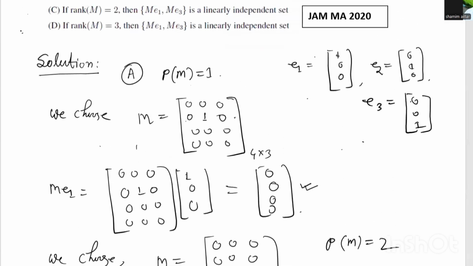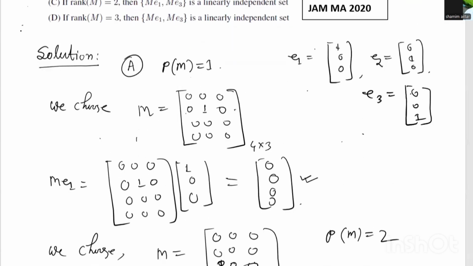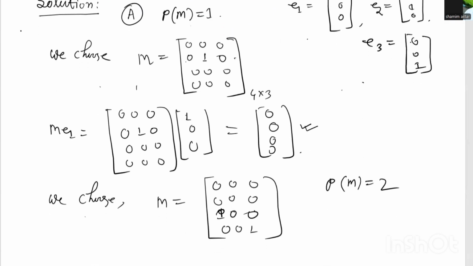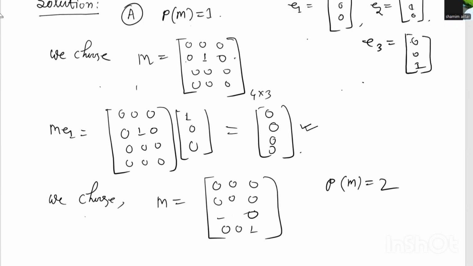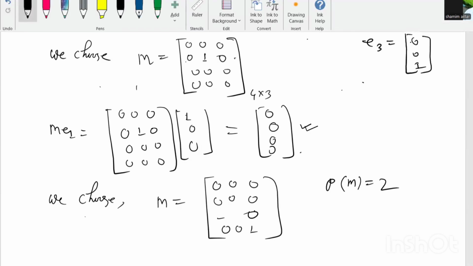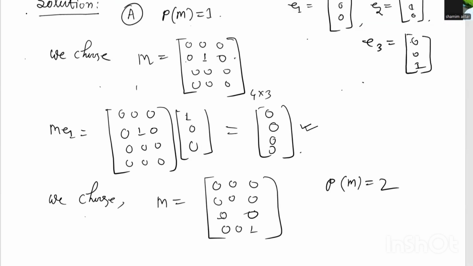Now multiplying, sorry, we choose here 1, and 0 and 1.